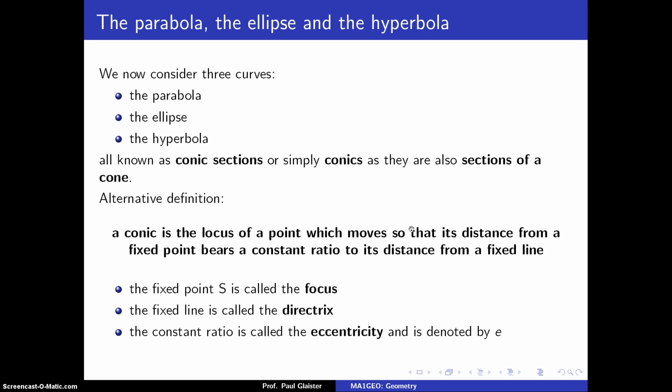So we have a point which is fixed, called the focus, S. We have a fixed line which is called the directrix, and each of these three conic sections has the property that the ratio of the distance of any point on each from the focus to the directrix stays the same, and that constant ratio is called the eccentricity, and it's denoted by the letter E.